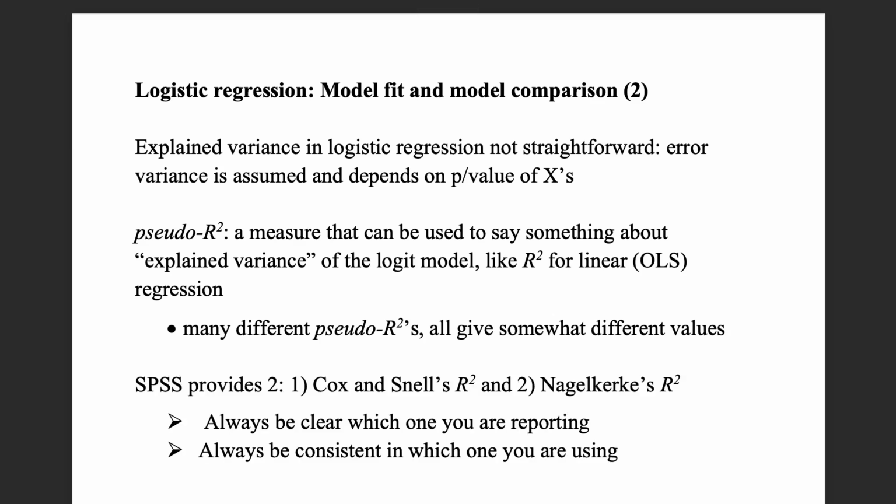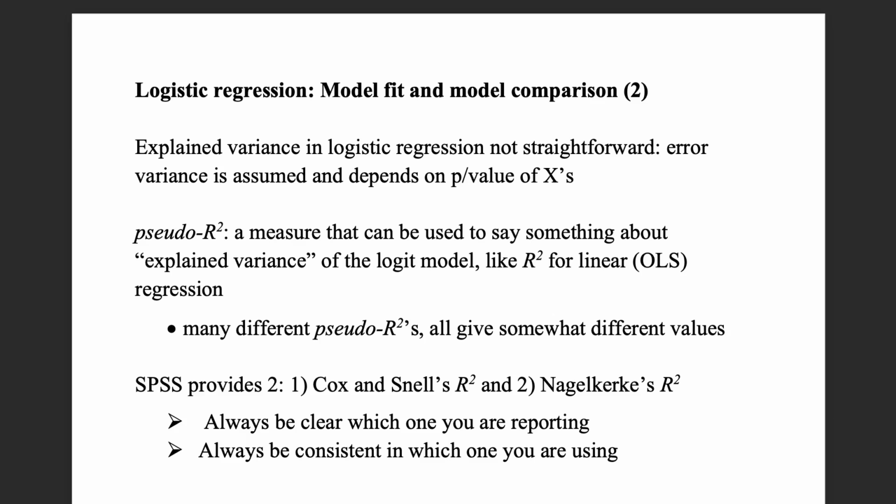SPSS only provides two of all those different pseudo R-square values. It provides Cox and Snell's R-square and Nagelkerke's R-square, named after the statisticians that came up with these different ways of calculating a pseudo R-square value. It really doesn't matter which one you pick, because all of them are just pseudo R-square values.